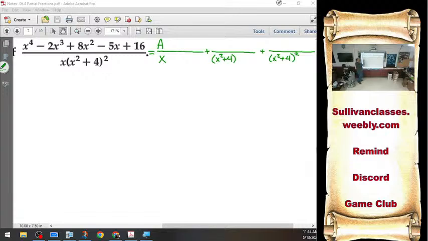So what we'll do instead, a linear denominator had a constant numerator. So what will a quadratic denominator have? Linear numerator. So bx plus c and dx plus e.